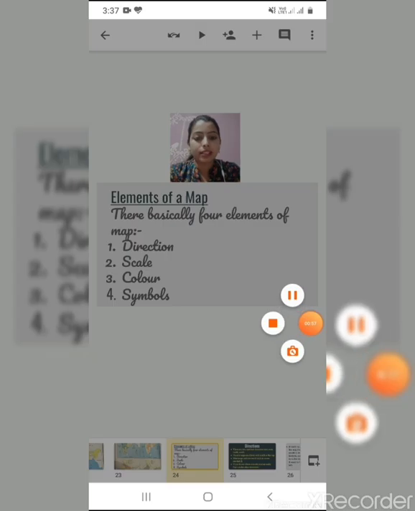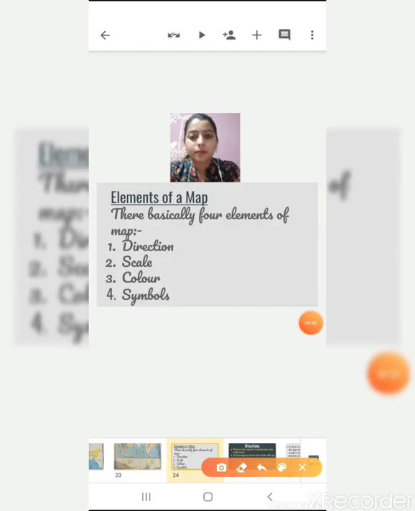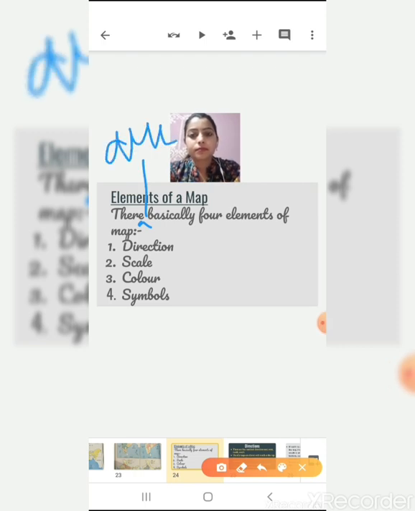There are basically four elements of a map. First one is direction, second scale, third color and fourth symbol. Direction tells us the direction: north, east, south, west.